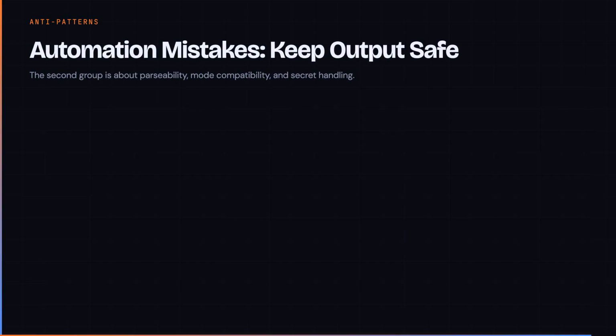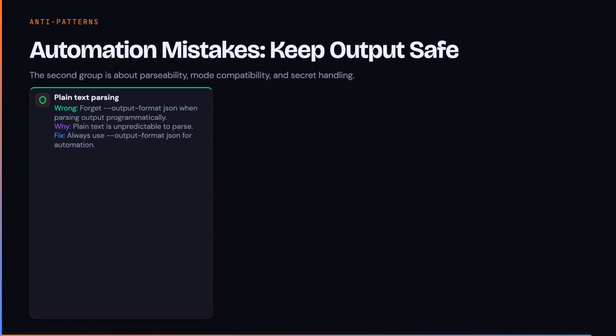The last set is about making answers dependable for programs, and keeping sensitive credentials out of committed files. These mistakes are easy to prevent. Do not parse plain text when a program needs the result. Plain text is unpredictable, so automation breaks when wording changes.